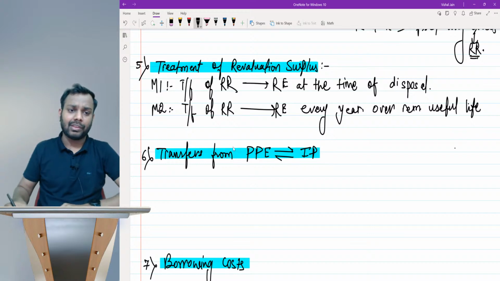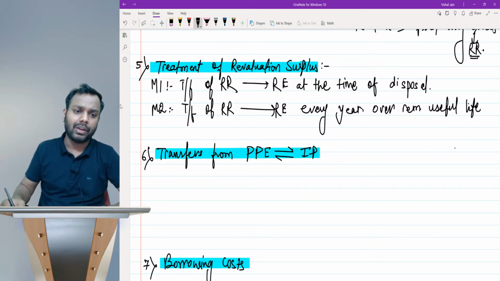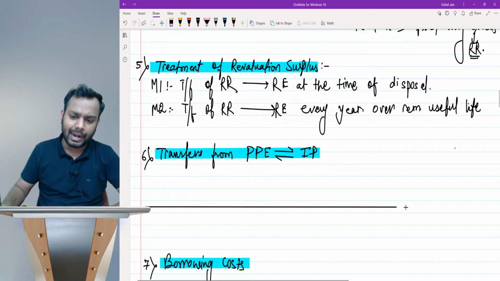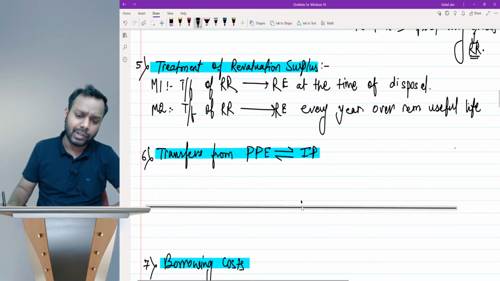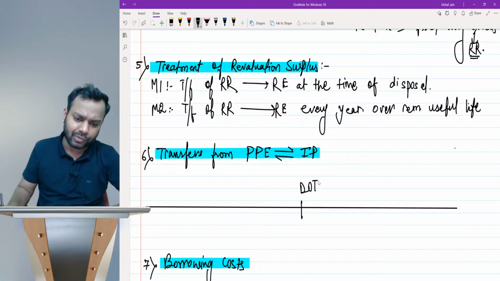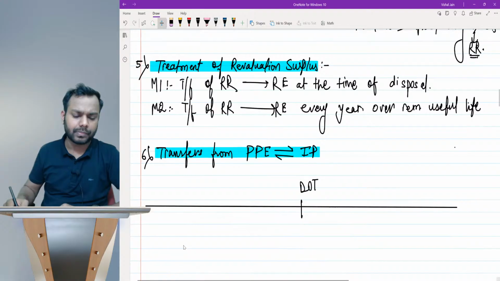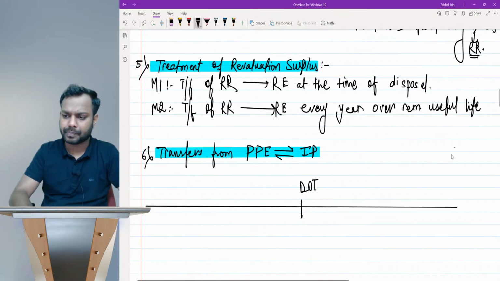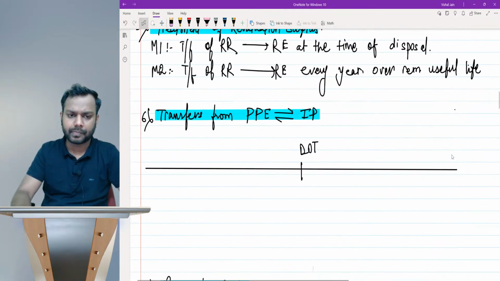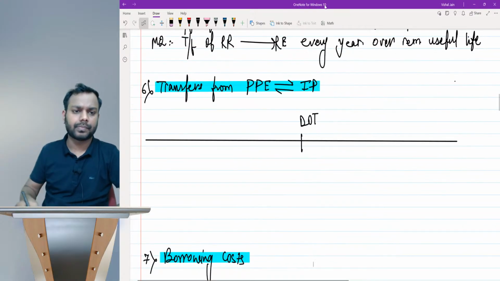Whenever we are transferring, I have told in the class a few guidelines. Let's suppose this is the date of transfer.